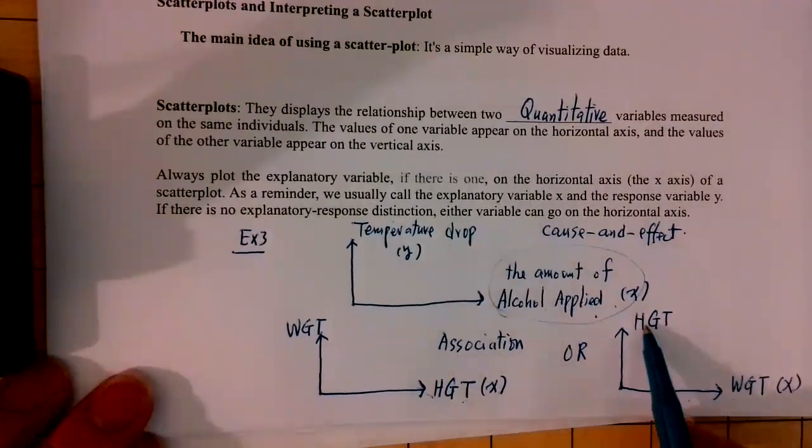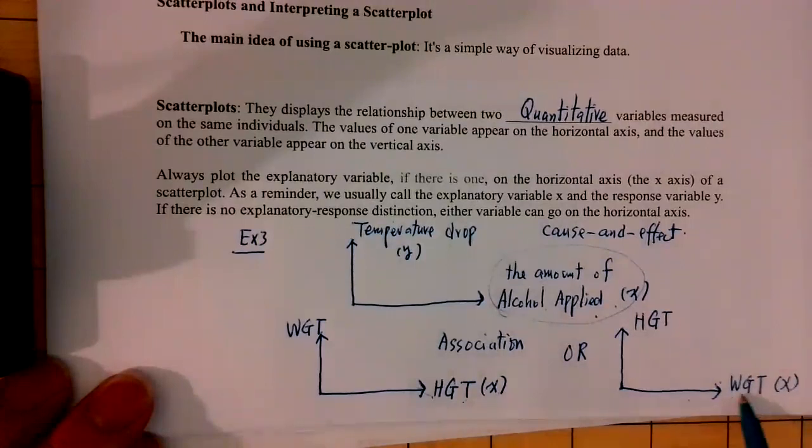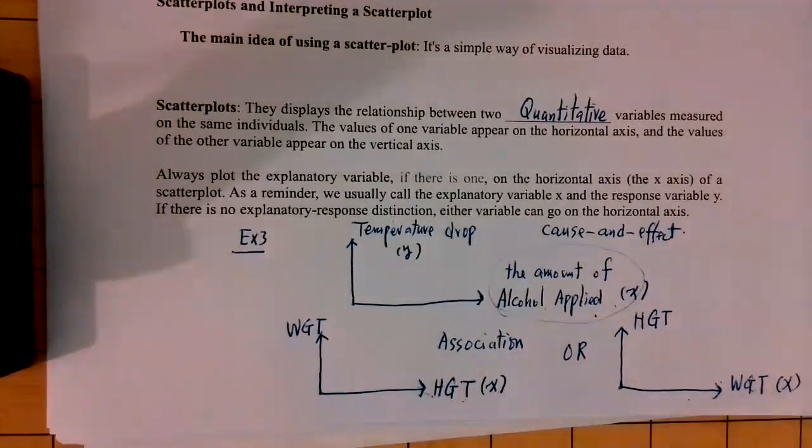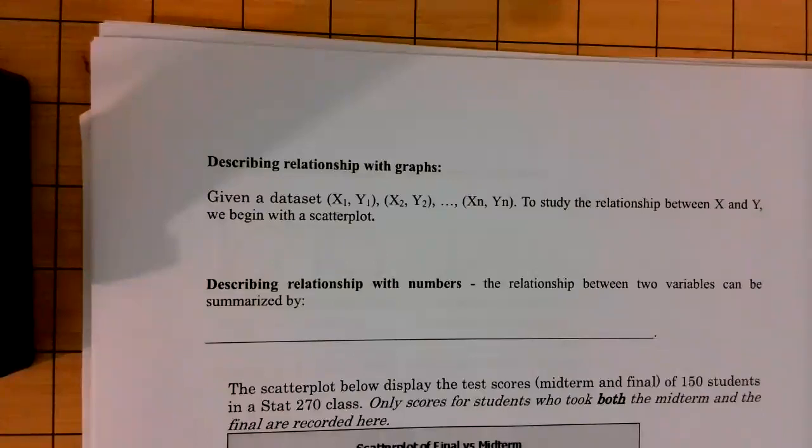Explanatory and response variable, okay? Between height and weight, there is just association. It's not a causation. So either one you can place in what? Horizontal axis, okay?